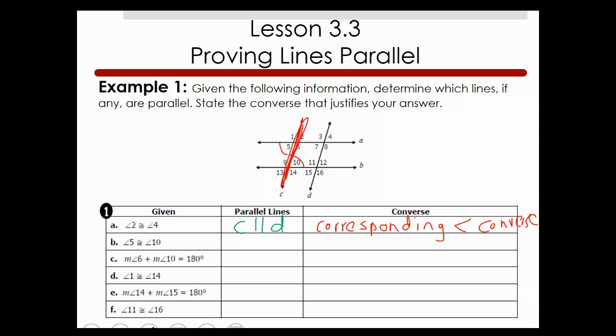If they're congruent, it's going to be the alternate interior converse. I can't fit it in with my handwriting, so I'm just going to write alternate interior. And we know it's converse because it's telling us over here. And what lines? It's cutting lines A and B. So A is parallel to B.